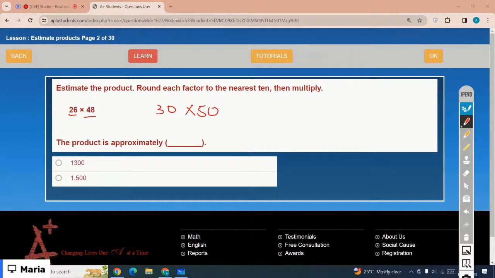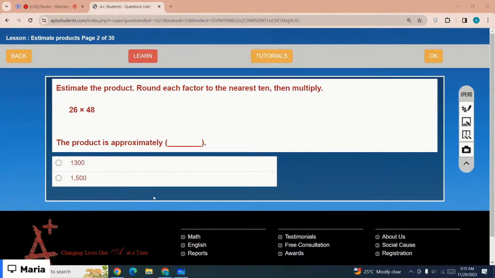So which is the correct option? Yes, that is 1500. 5 times 3 makes 15. You need to add two zeros, so that is 1500. The correct option is 1500. No one is answering. Why? Is it too difficult?